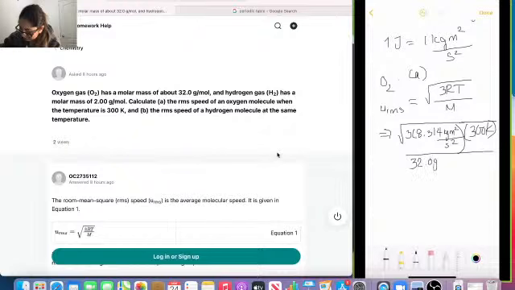Since 1 kilogram is equal to 1,000 grams, we write 1,000 grams, and these two get cancelled out.